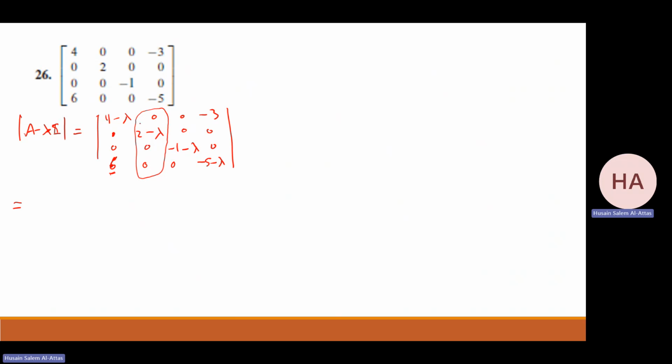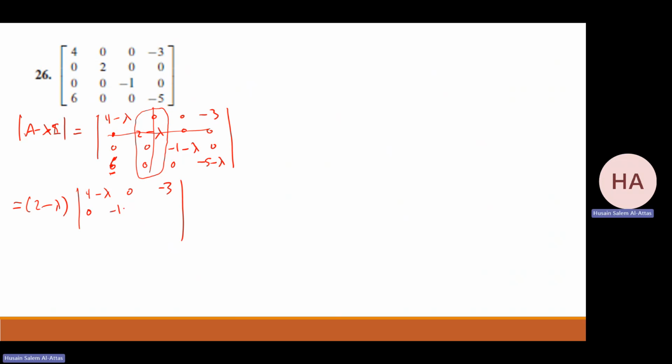So I have plus minus plus. So I have 2 minus lambda. Be careful. I cancel this with this. I have 4 minus lambda, 0, interesting calculation, this one.